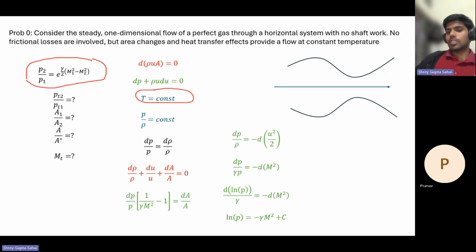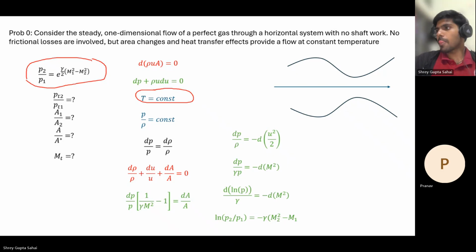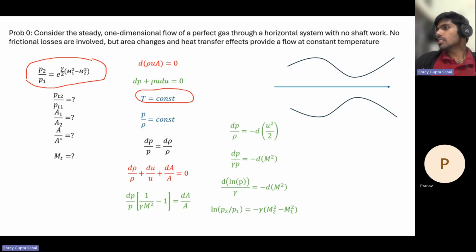Now the way to remove this constant is to take two boundary conditions so that you will get ln p2 by p1 is going to be... yeah. And now you can see, oh wait, there is a 2 which I missed. Yeah, understood.